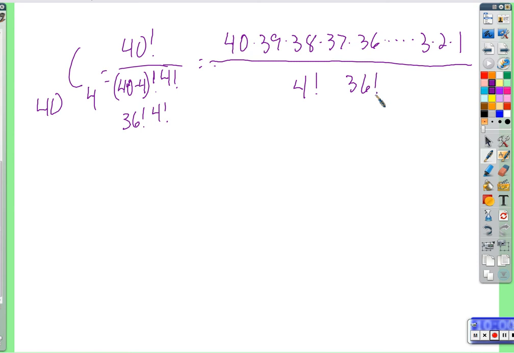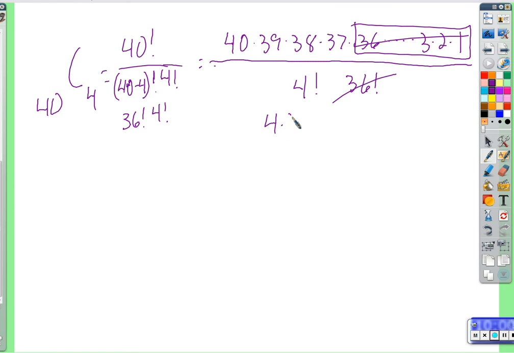What I'm going to show you here is we can almost do this by hand, because so much of it gets eliminated, right? Like, what is all this? That's 36 factorial. We have a 36 factorial that's dividing it. So 36 factorial cancels 36 factorial.